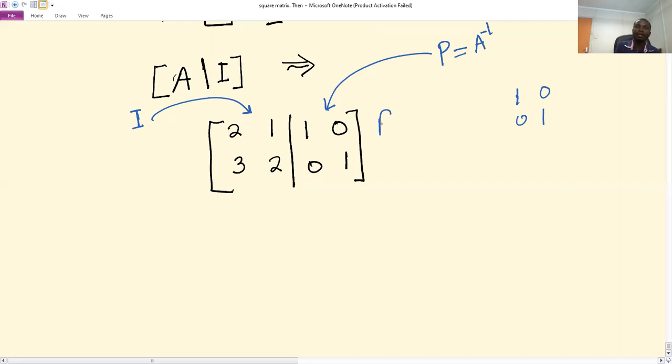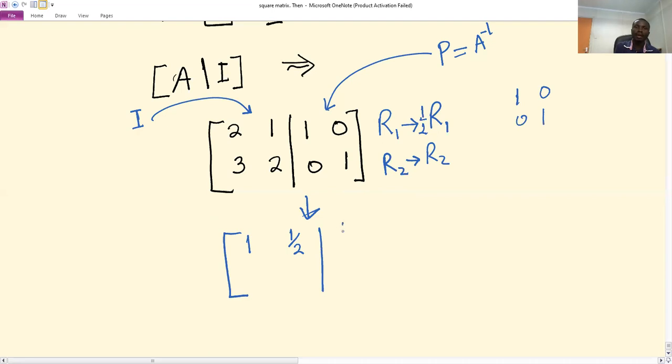So we correct row 1 by multiplying row 1 by a half, so that this will be 1, and keep row 2 as just row 2. That changes the matrix to 1, a half, 0 on the first row, and 3, 2, 0, 1 on the second.